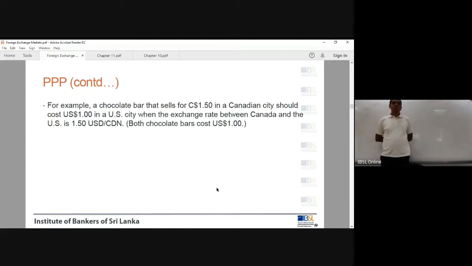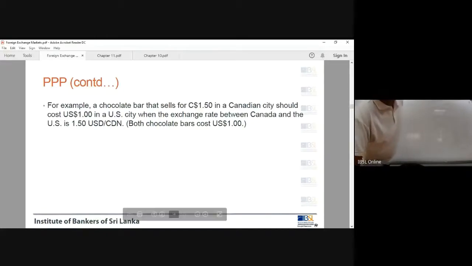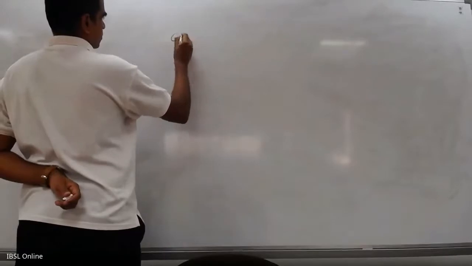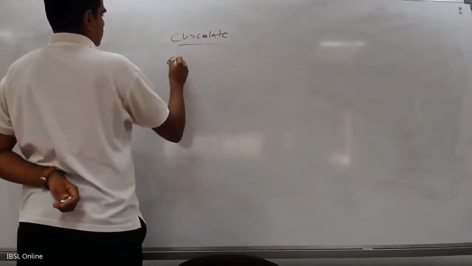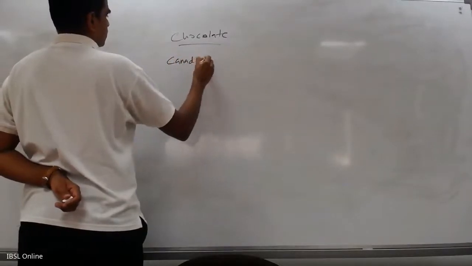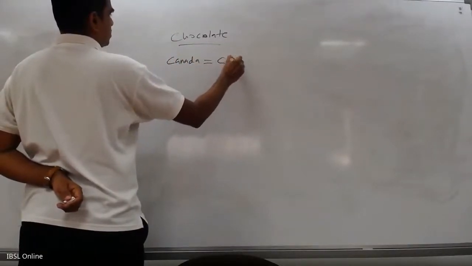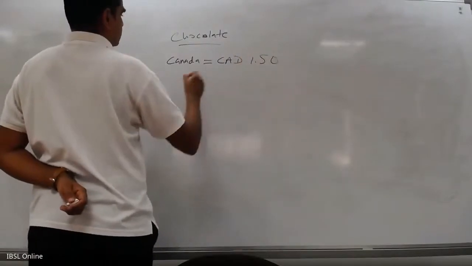Okay, so the question is, for example, a chocolate bar that sells for 1.5 Canadian dollars in a Canadian city should cost $1 in the US when the exchange rate between Canada and the US is 1.5, right? So how does it work? An identical chocolate bar in Canada is Canadian dollars 1.5.